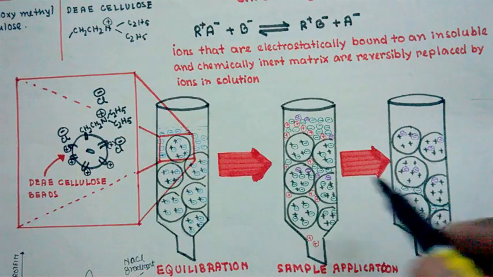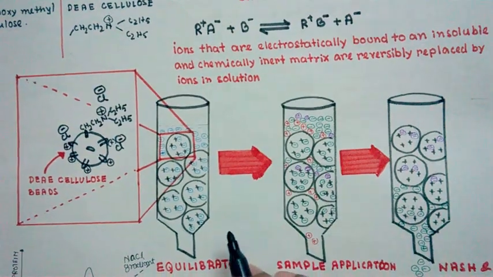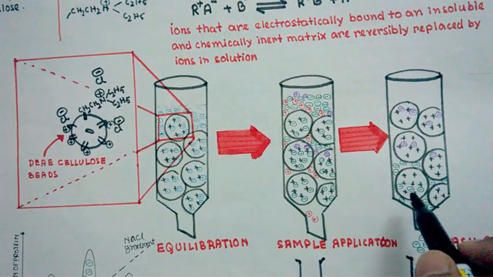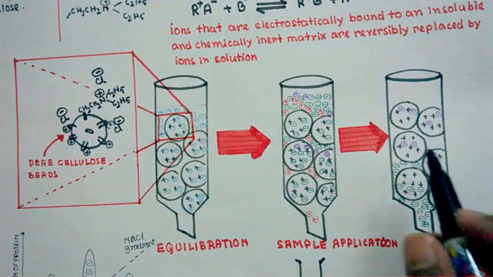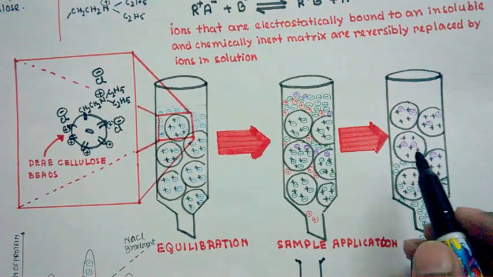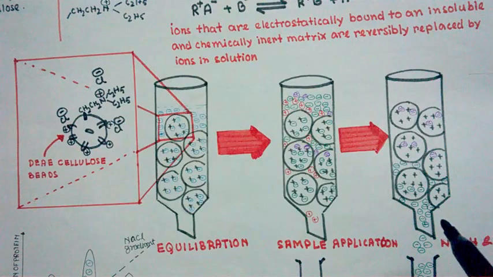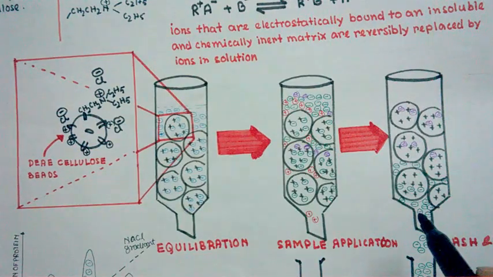After sample application, we have to wash it with the washing buffer for elution of our protein. First, these red proteins, which did not bind with the matrix, come out first. After that we have two kinds of proteins: one with a lesser amount of negative charge, and one with a greater amount of negative charge because it has a greater amount of acidic groups. In order to elute these, we should use a gradient of NaCl.